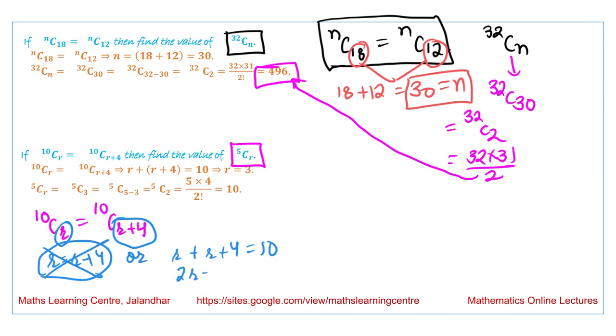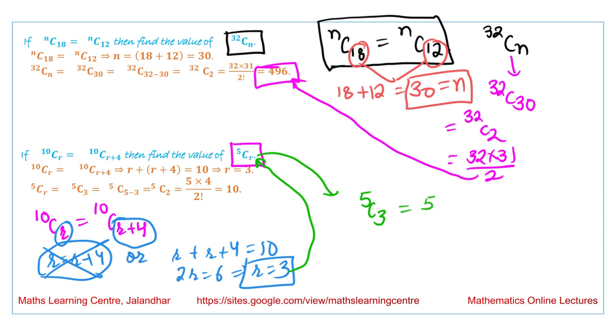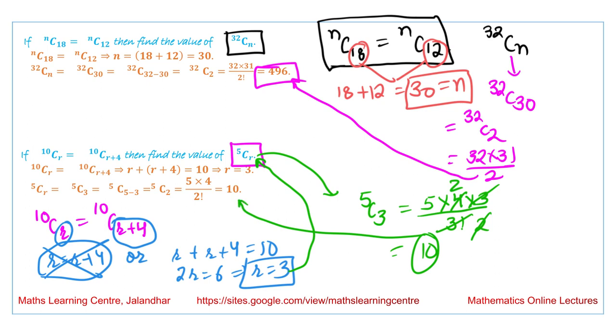So we get 2r is equal to 6. So this implies r is equal to 3. Now if we substitute this value r is equal to 3, we are calculating 5C3. The answer we obtain is equal to 5 into 4 into 3 upon 3 factorial. So cancelling these two, we are left with 2. Answer we obtain is equal to 10. So the value of this term is equal to 10.